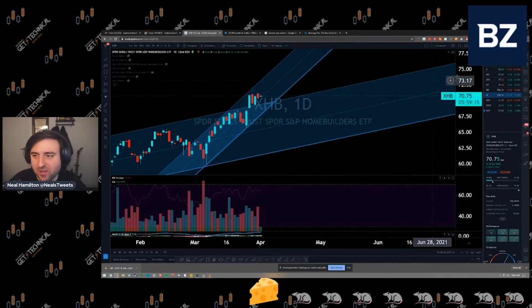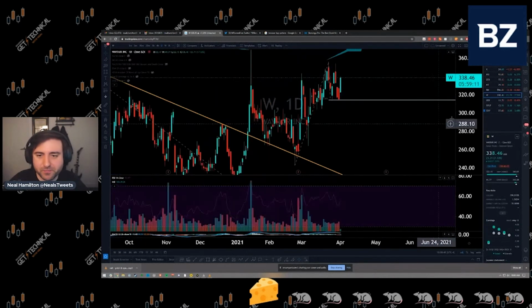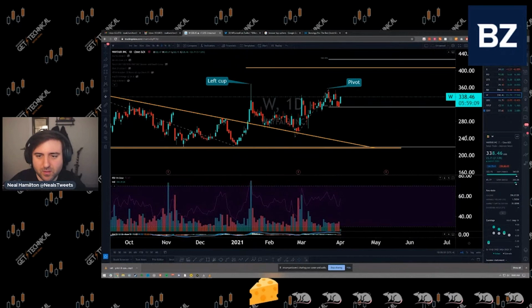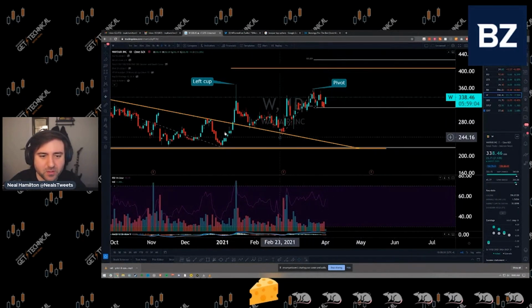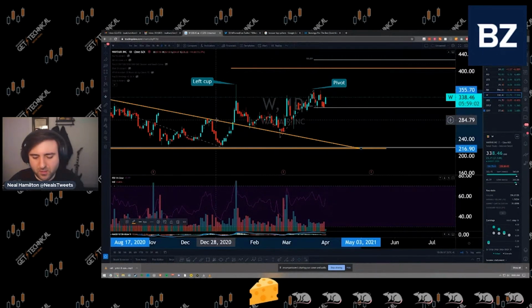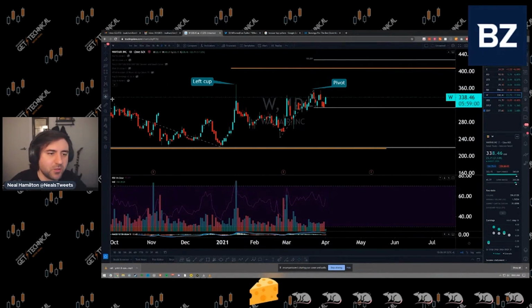So XHB, and then a big stock in XHB is W, which has a cup and handle. So I don't know if we really went over this, but let me delete some of this stuff and just draw the cup and handle for you. Arc tool.